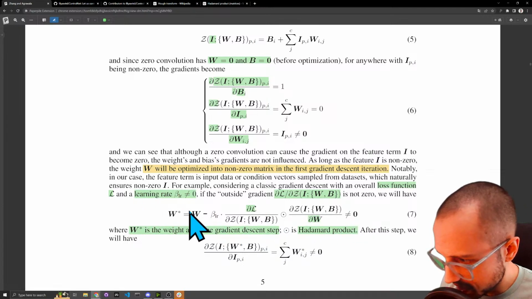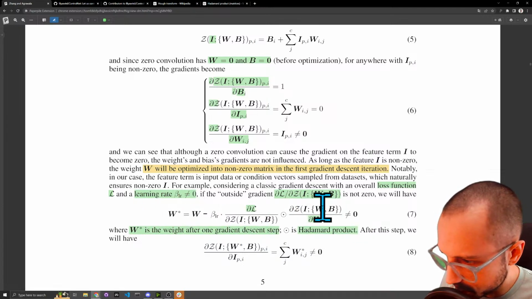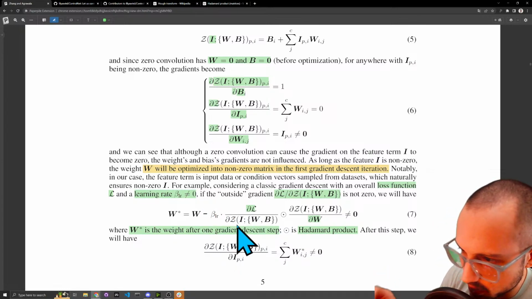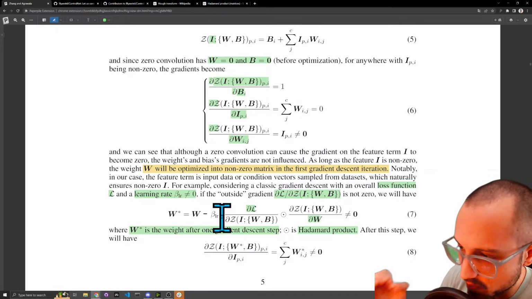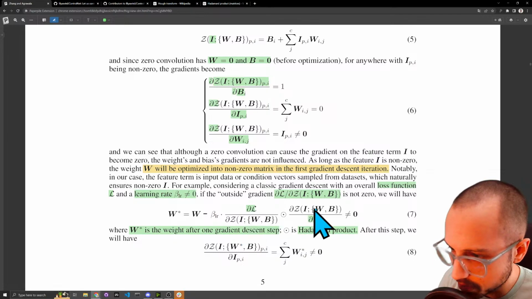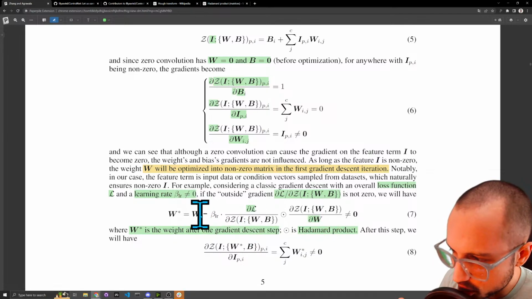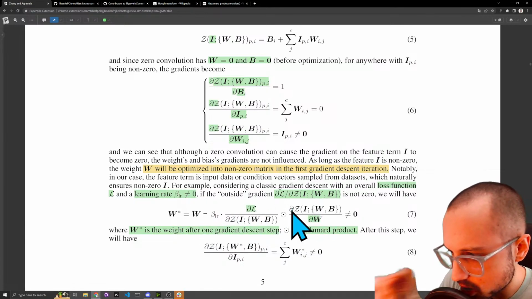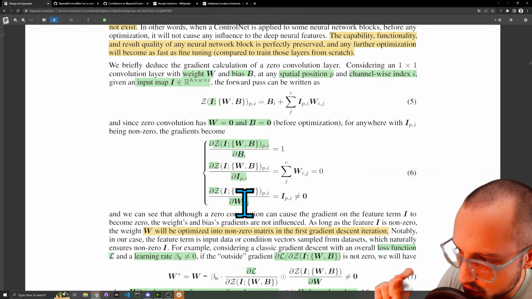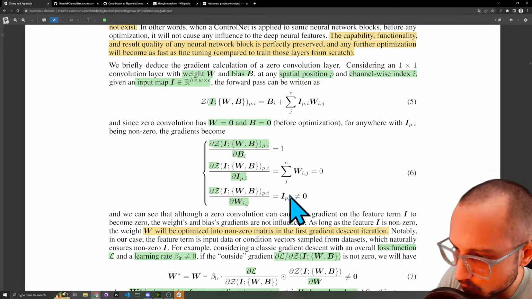Okay, but they're basically saying that this number is not going to be 0, so whenever you take your learning rate, which is some small number, like 0.001 or something like that, you multiply it by this, and you're going to change your weights by just a little bit. You're going to nudge them in this direction, right? At the end of the day, what you're doing is finding the direction in which your weights would be better.